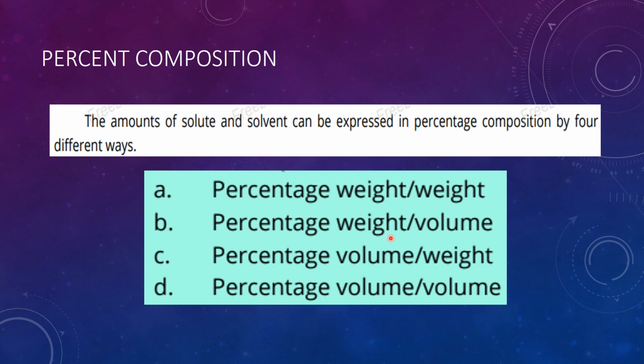Percentage weight by volume: solute is considered in terms of weight, and solvent is taken in terms of volume. Percentage volume by weight: solute is taken in terms of volume and solvent in terms of weight. And last is the percentage volume by volume, in which both the solute and solvent are considered in the form of volume.